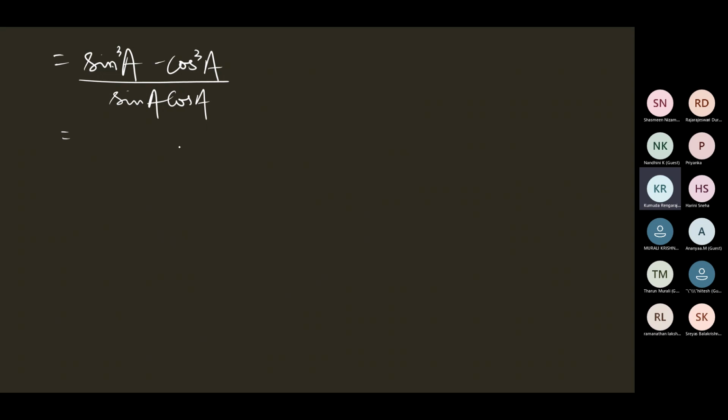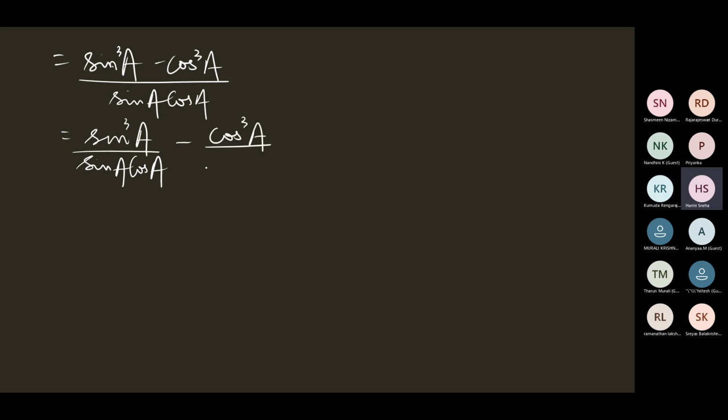What can you do after this? Now again, don't write it as A minus B, A square plus AB plus B square. From there we have sine cube A by sine A cos A. Very good. Then minus cos cube A by sine A cos A.